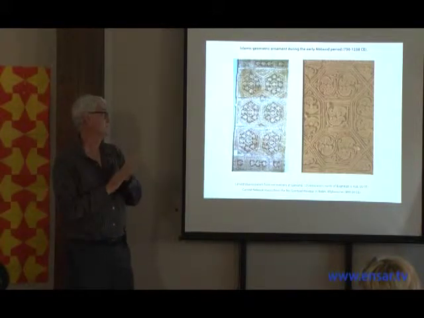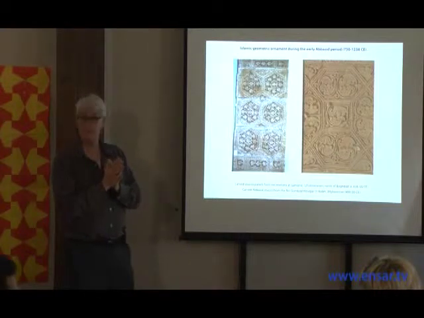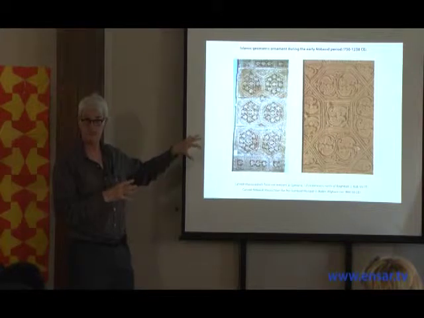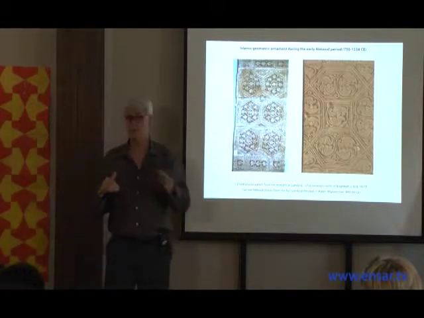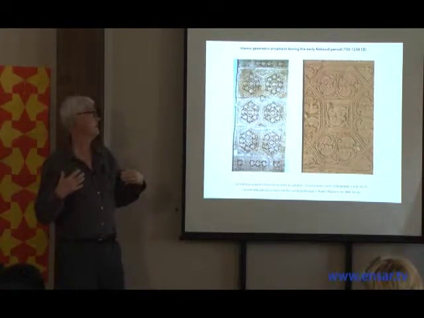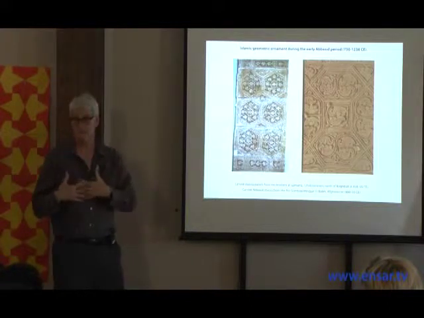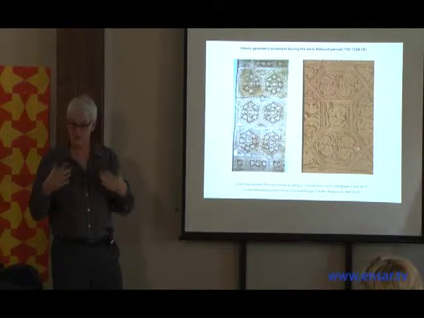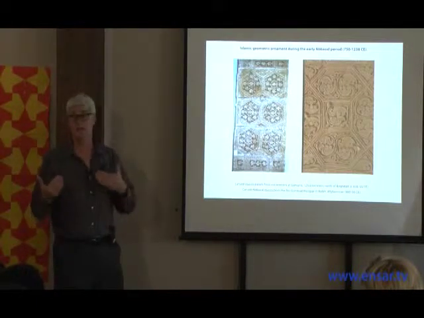So it's impossible to say just when this happened. It could have happened very early on because some of the earliest patterns can be made in this way. But I do want to emphasize something that Jean-Marc said earlier, and that is that many of these patterns, especially the earlier ones and especially the less complex ones, can be made in multiple different ways.